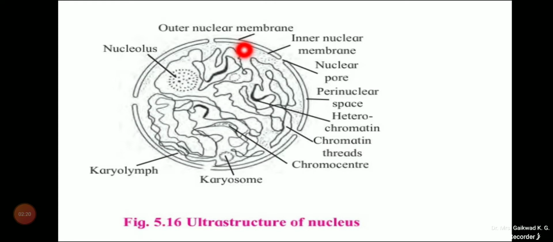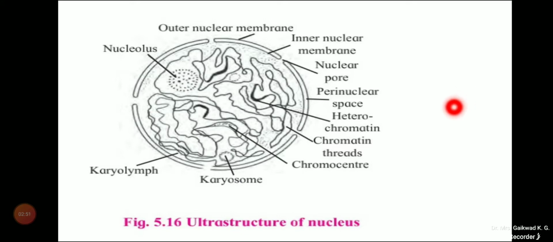The inner membrane is lined by the nuclear lamina. Nuclear lamina is a network of protein fibers that helps in maintaining the shape of the nucleus. These two membranes, the outer and inner membrane, along with the perinuclear space, help in separating the nucleoplasm from the cytoplasm.